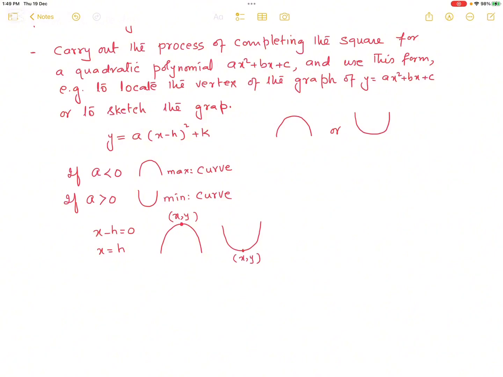So x represents the point at the top or at the extreme bottom, the extreme minimum point, and this x represents that the curve is symmetrical about this x coordinate, and the y represents the maximum value here, or if the curve is minimum, the y represents the minimum value here.